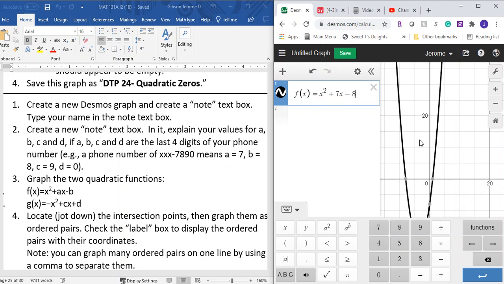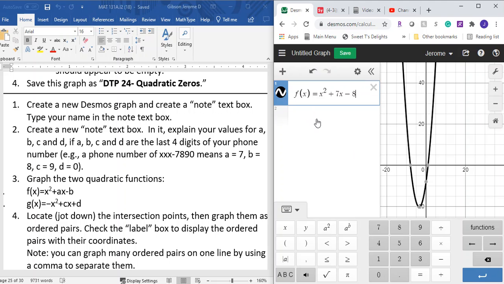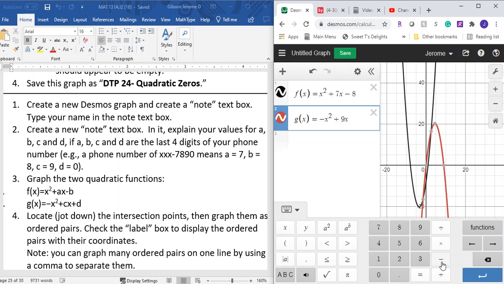Okay, that's the first graph. I'm going to make it a little smaller here. Now, the second graph, we will have g of x is equal to negative x squared plus, now C here is 9, 9x, and then it'll be plus 0.